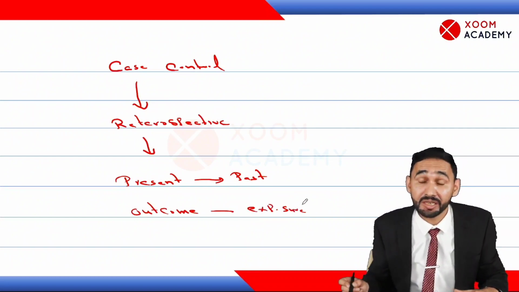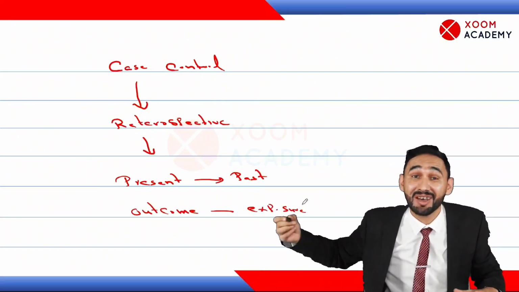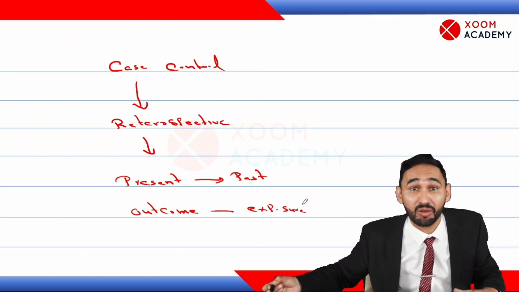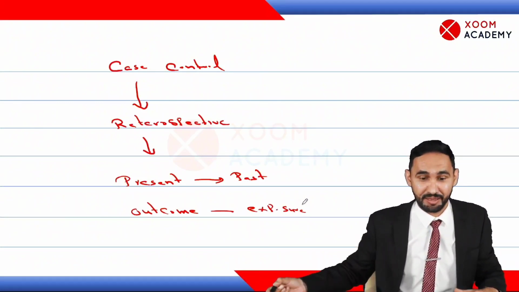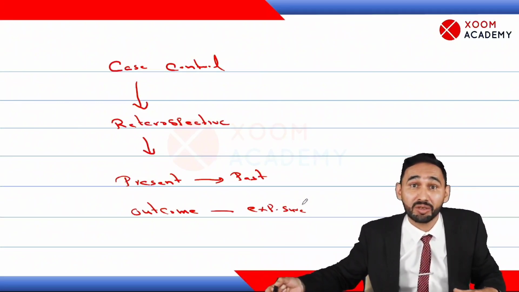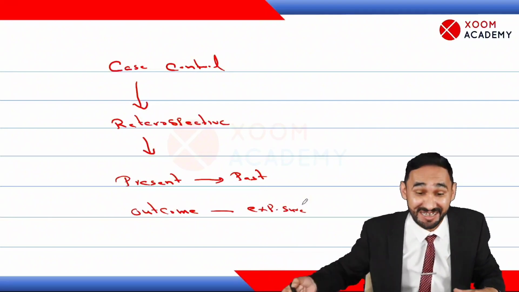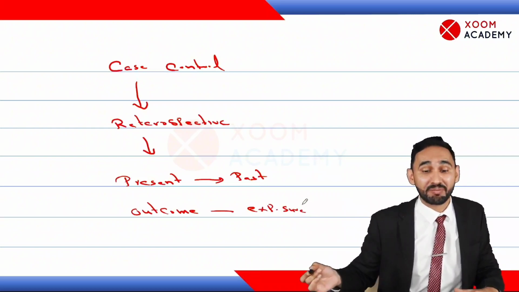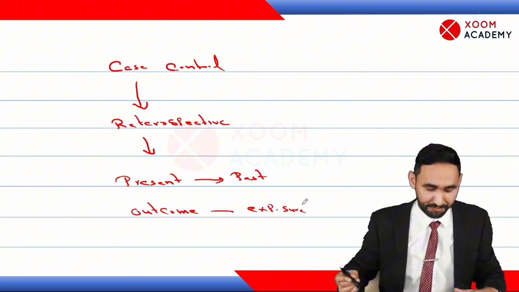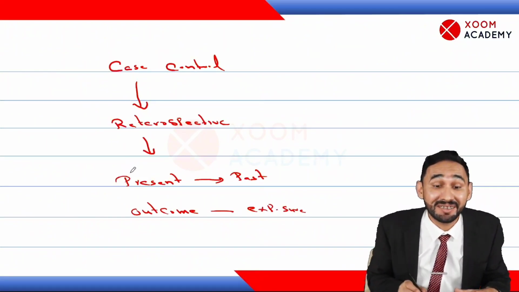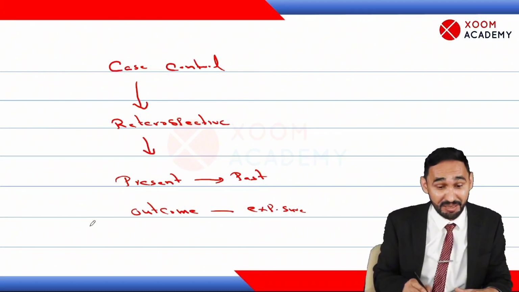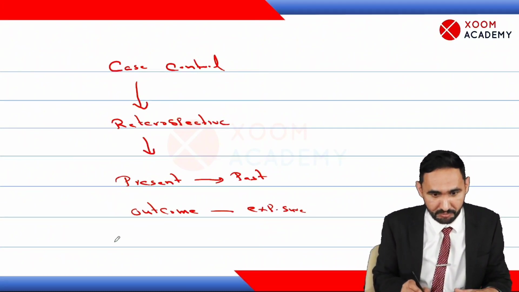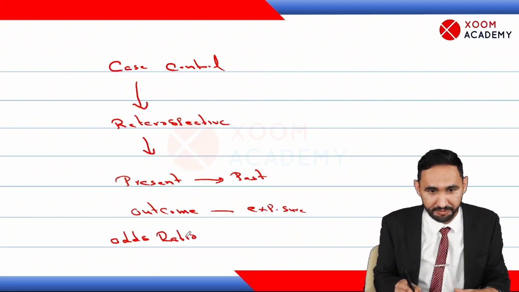In a case control study, we compare disease with non-disease. Cases are those who have the disease, and controls are those who do not have the disease under study. We move in a retrospective way from present to past. What will we measure in a case control study? Always remember the odds ratio. We measure the odds ratio in a case control study.